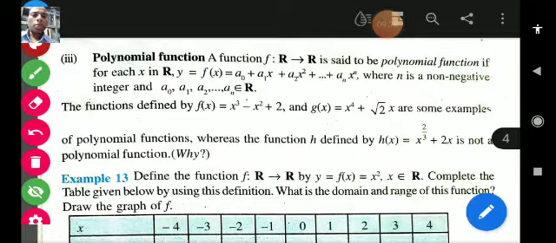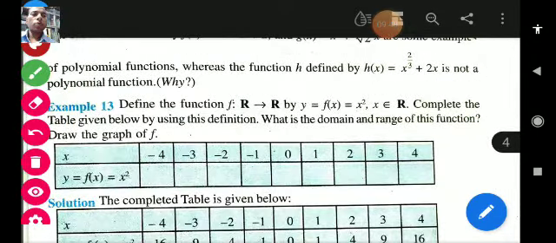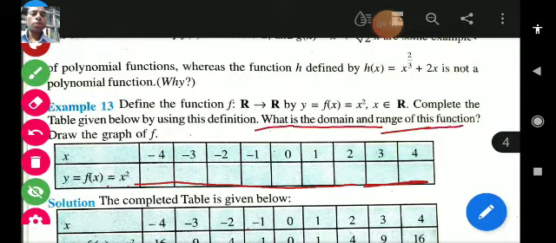Now one more example, example 13. Define the function f from real numbers to real numbers by y equals f of x equals x square, x belongs to real numbers. We have to complete this table and find the domain and range of this function.